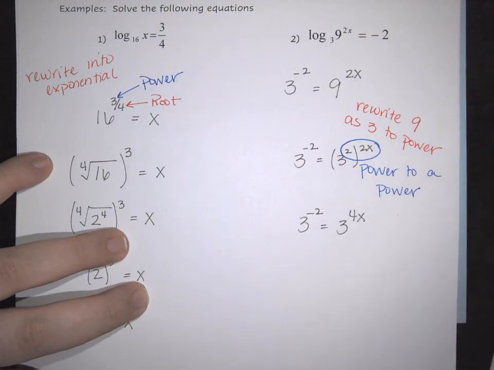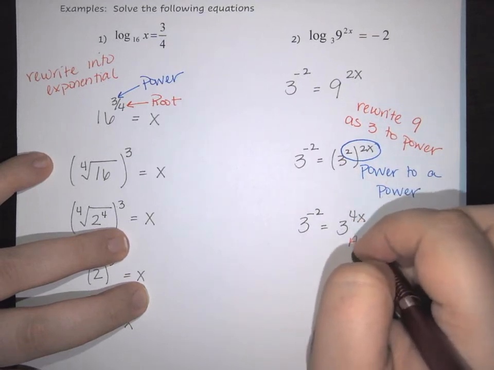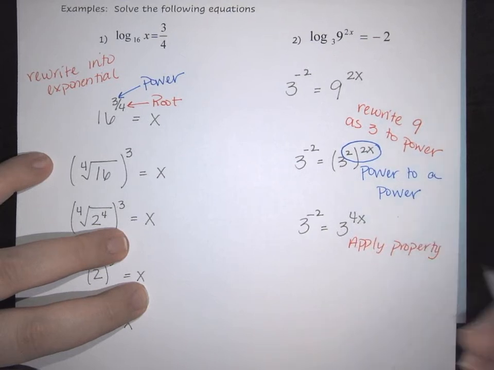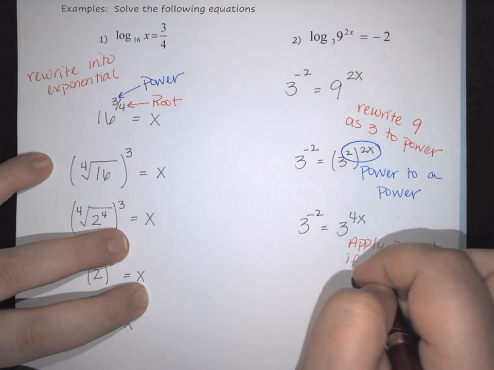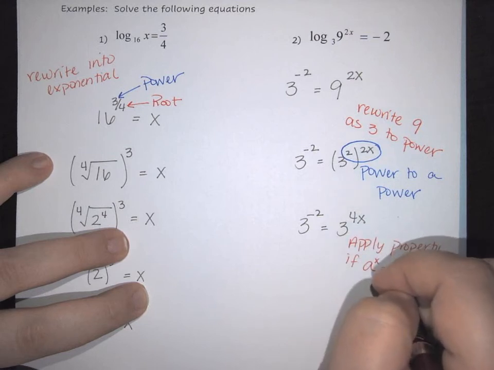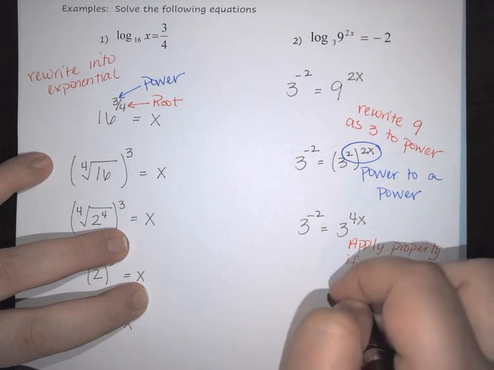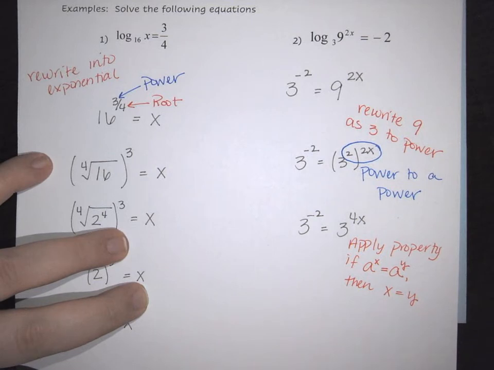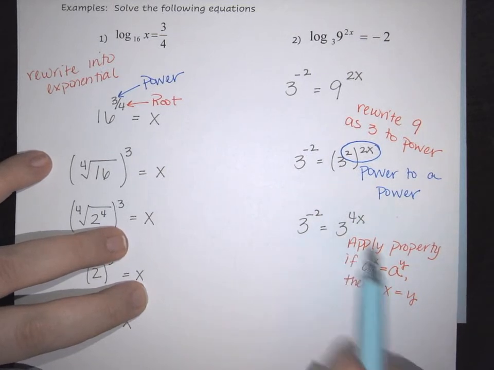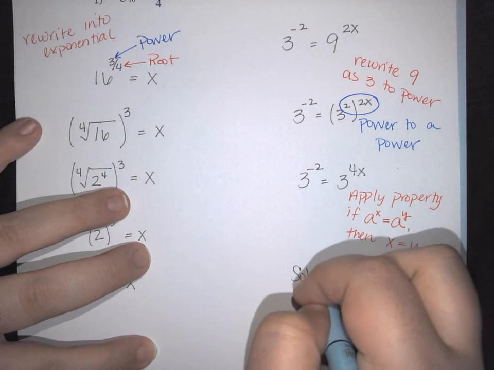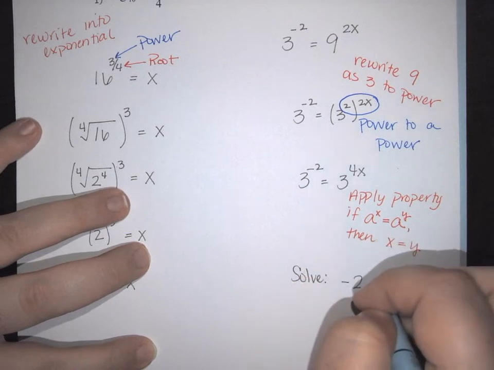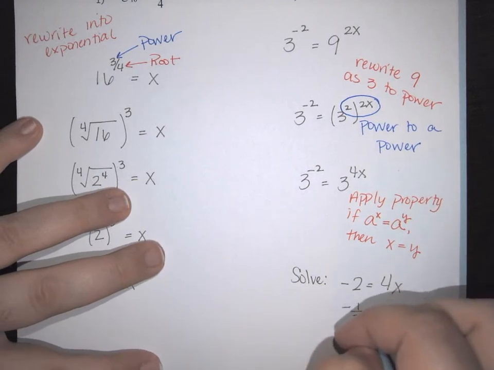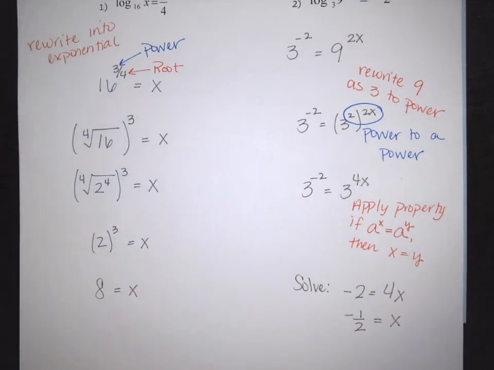The very last thing that we can do is apply the property which says if your base to a power has the same base to a different power, then your powers equal each other. In this case, my bases are both 3, and therefore we solve that negative 2 is equal to 4x. So in this case, x equals negative 1/2.